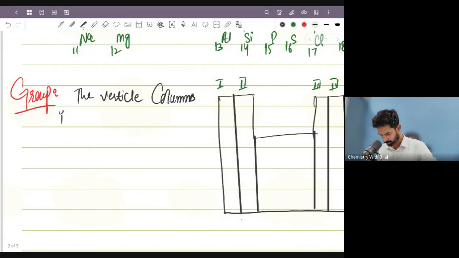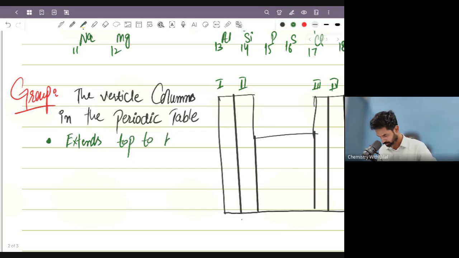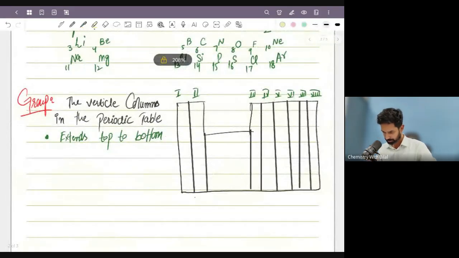The vertical columns in the periodic table are called groups. And groups extend top to bottom.